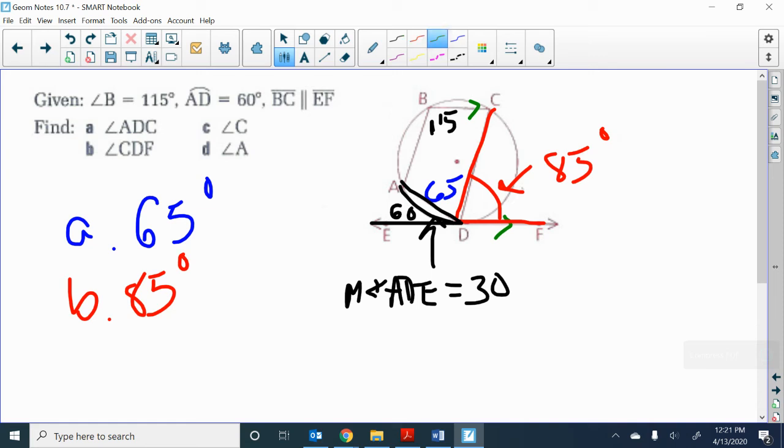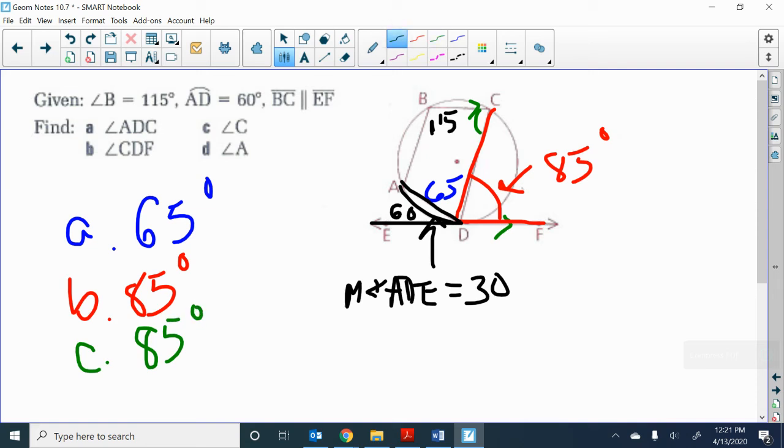All right, the next angle we're looking for is angle C. And that's simple because angle C and angle CDF are alternate interior angles with parallel lines. So angle C is also 85 degrees.